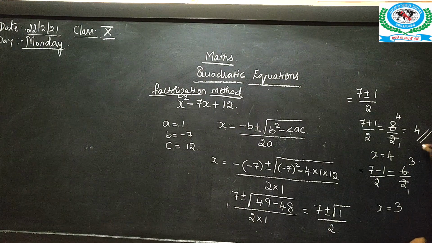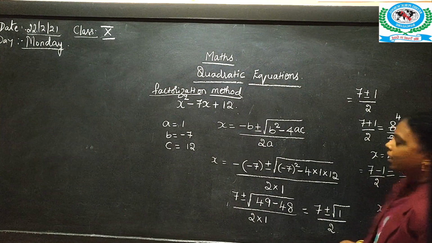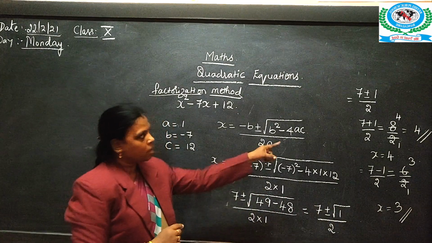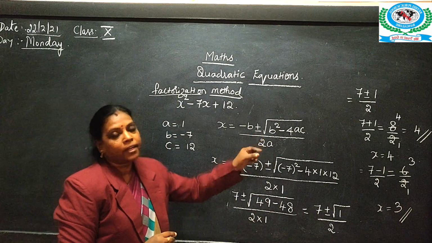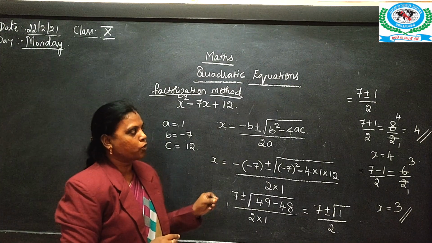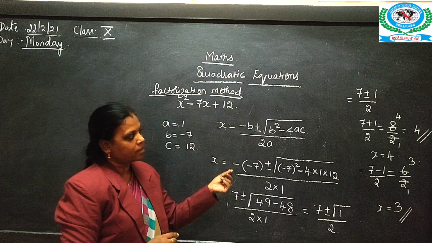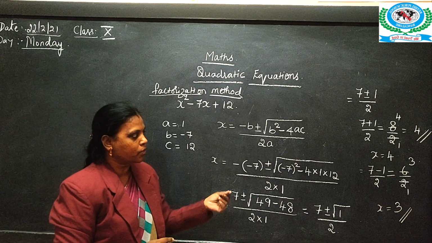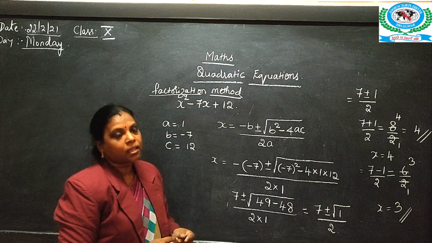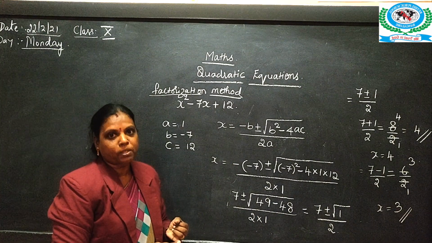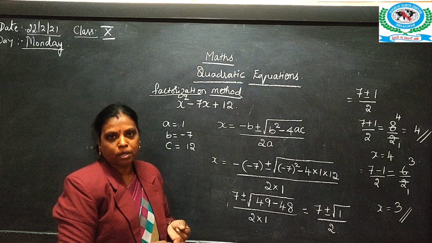So in both the methods we have seen that x is either 4 or 3 it is. When we took positive it is 7 plus 1 by 2 which is equal to 4. When we took negative it is 7 minus 1 by 2 which is equal to 6 by 2, that is 3. So we have got the same value both in the factorization method and by the formula method.